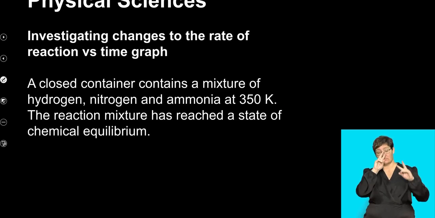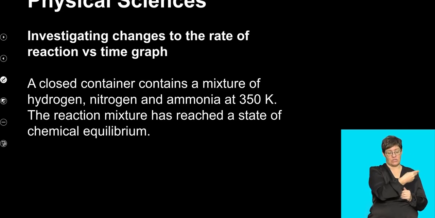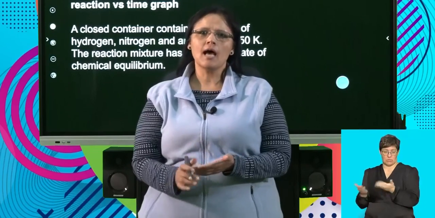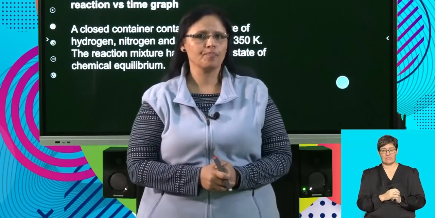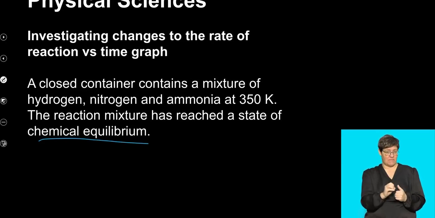Now we're going to investigate the same reaction of nitrogen, hydrogen and ammonia, where ammonia is being produced at a temperature of 350 Kelvin. The system is in chemical equilibrium.